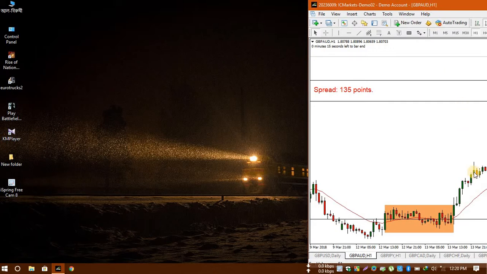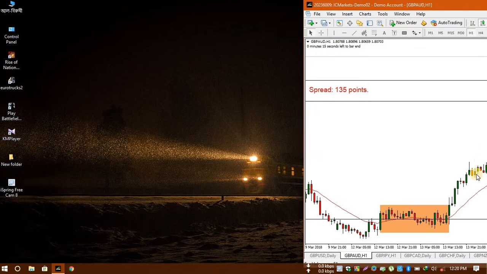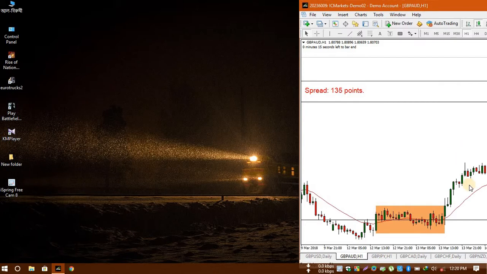So till here it's become corrective, it's okay, but it's not like the sellers took over the control. Time flying, we saw another rejection, and it's become very flat here, and there's a fight between buyers and sellers.